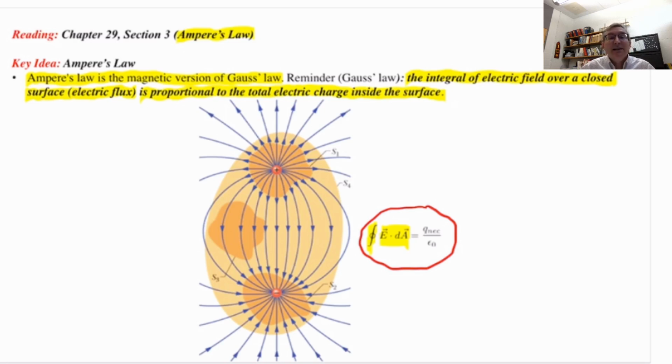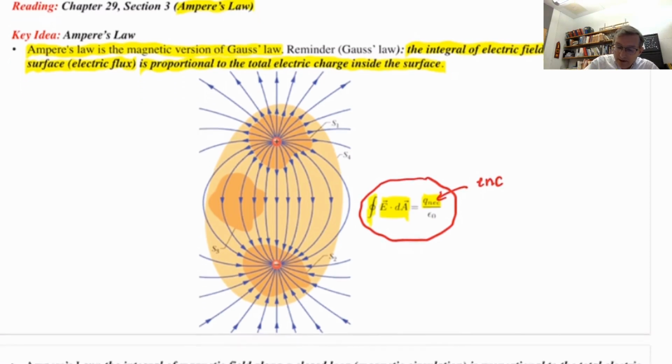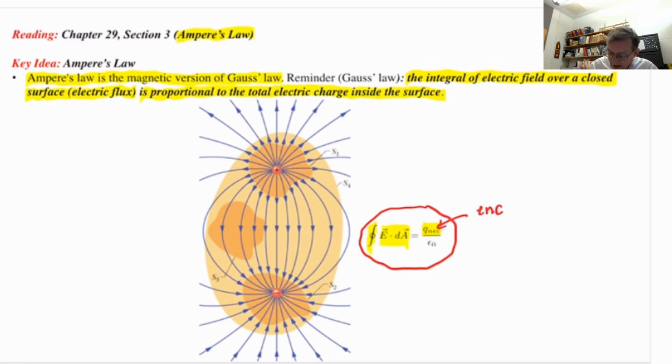That's the left side. That's called electric flux through a closed mathematical surface. And the answer will be proportional to the total electric charge, Q enclosed, divided by one of our old friends, the constant in electrostatics, epsilon zero.